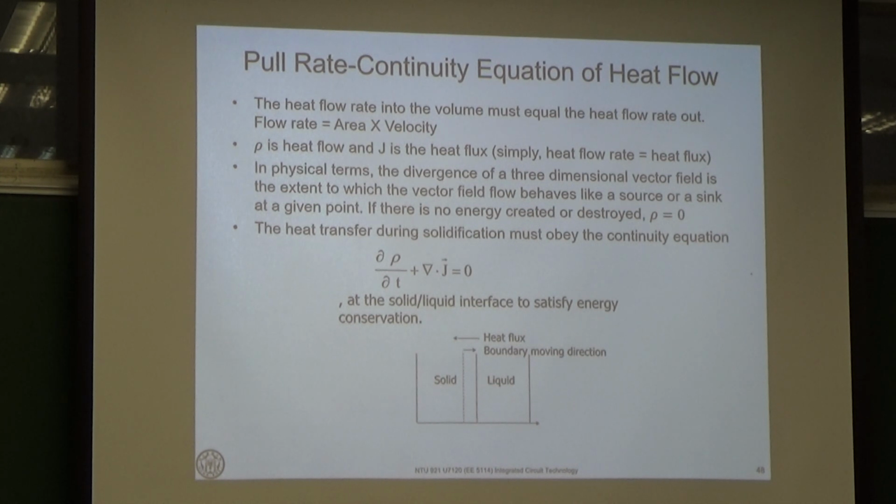The first thing is we introduce the continuity equation of heat flow. Because how can we quantify the growth method? The first important thing is we need to determine the pulling rate, right?